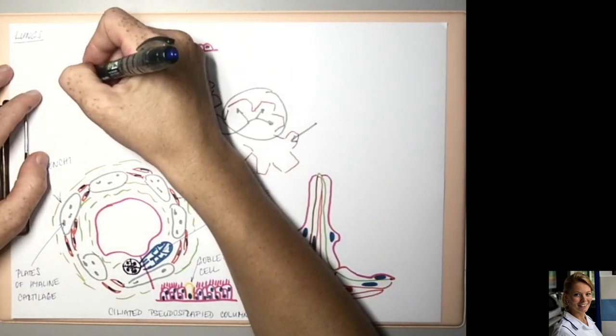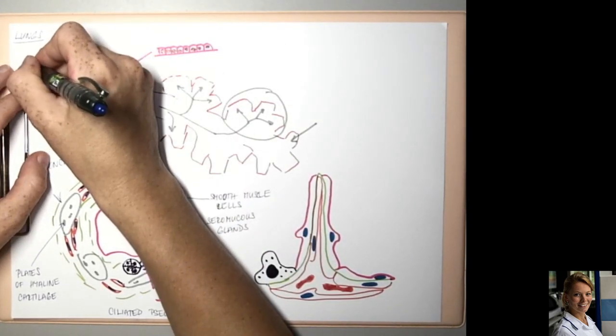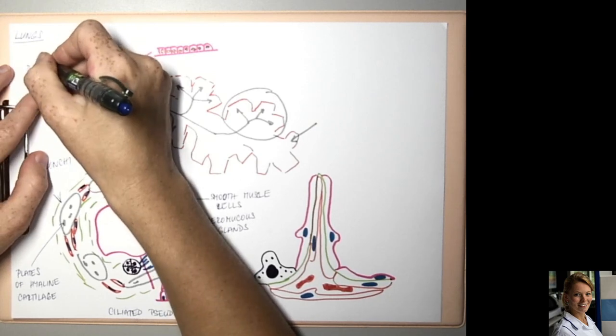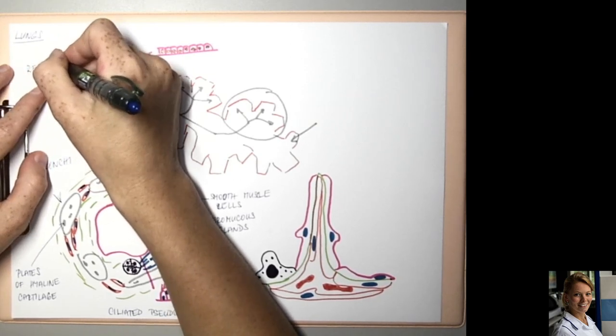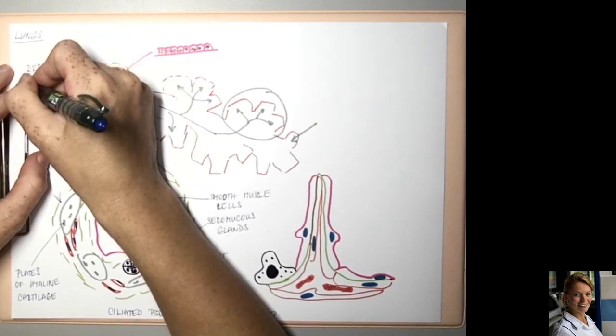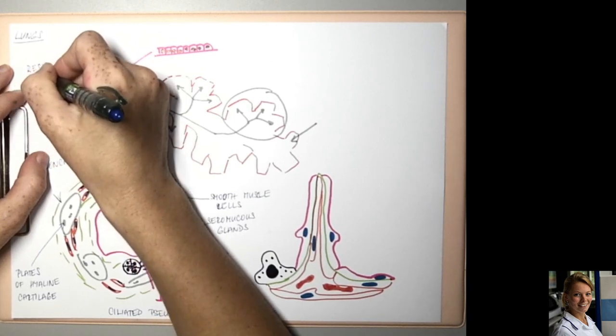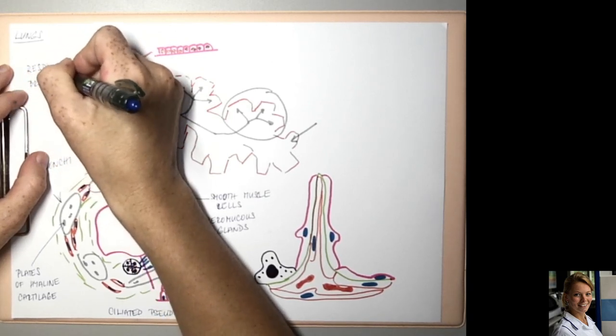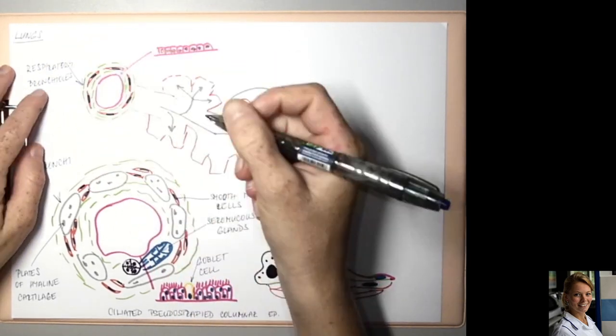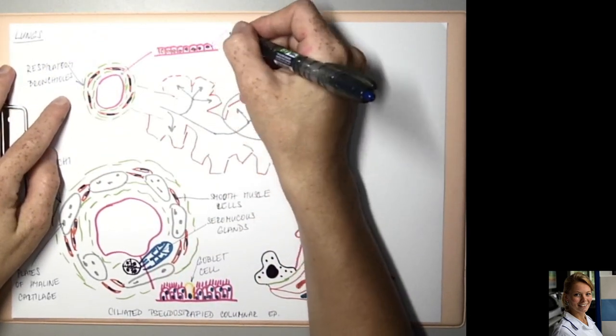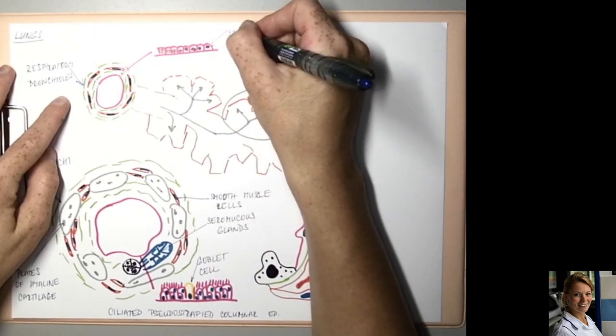Here is a respiratory bronchiole, bronchioles with simple cuboidal epithelium.